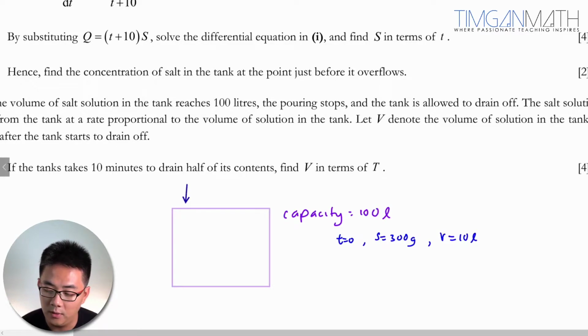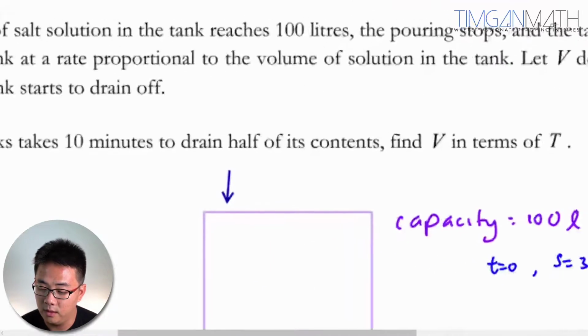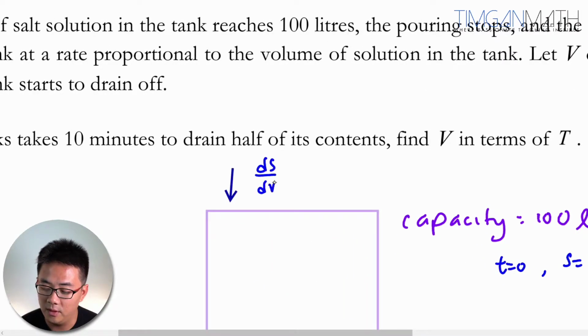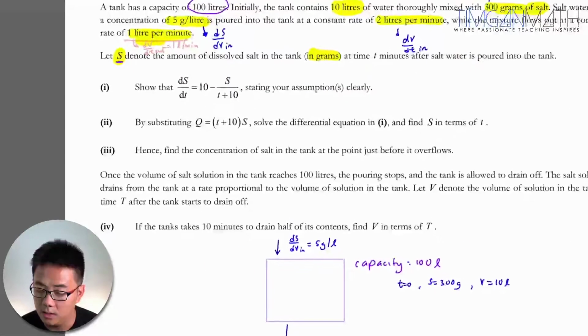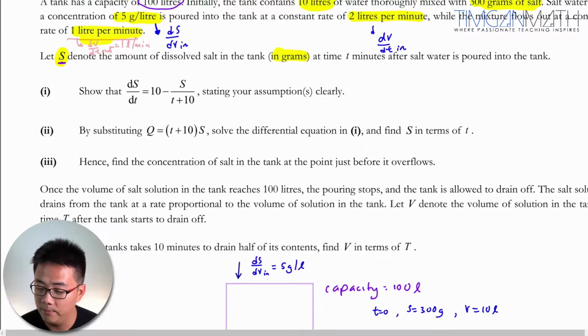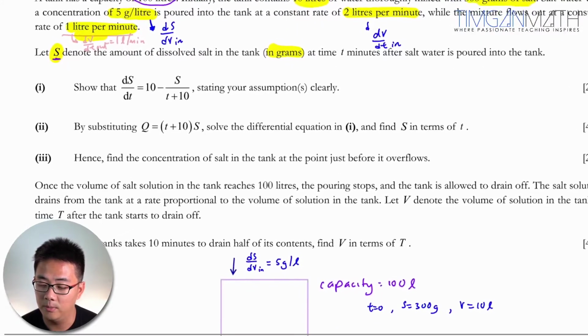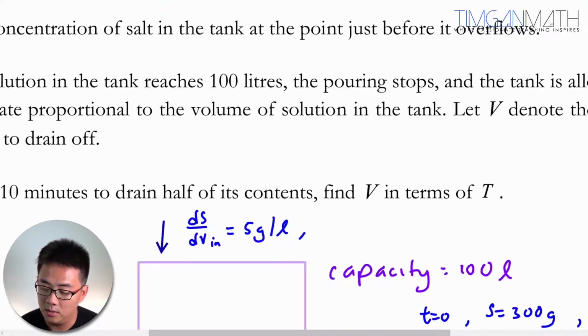Going in, we have salt water concentration dS/dV in, which is 5 gram per liter, at a constant rate of 2 liters per minute, so dV/dt in is 2 liters per minute.